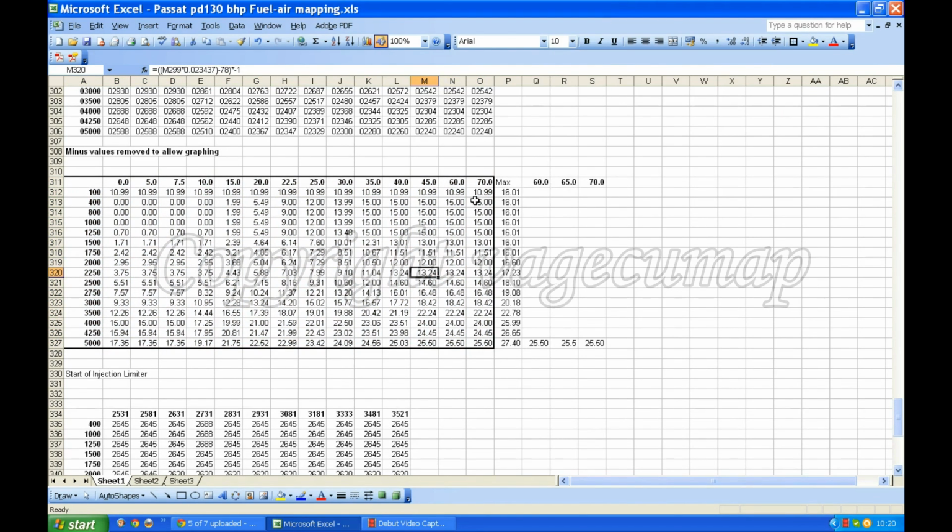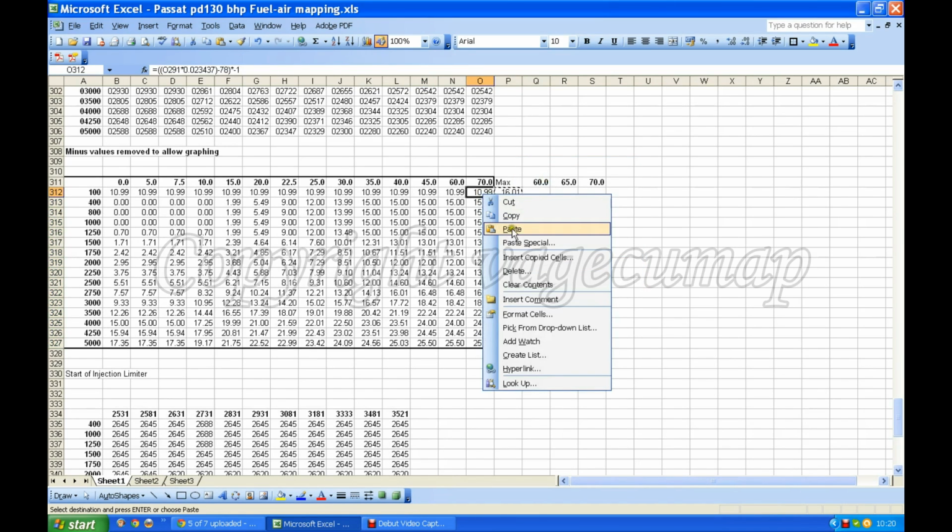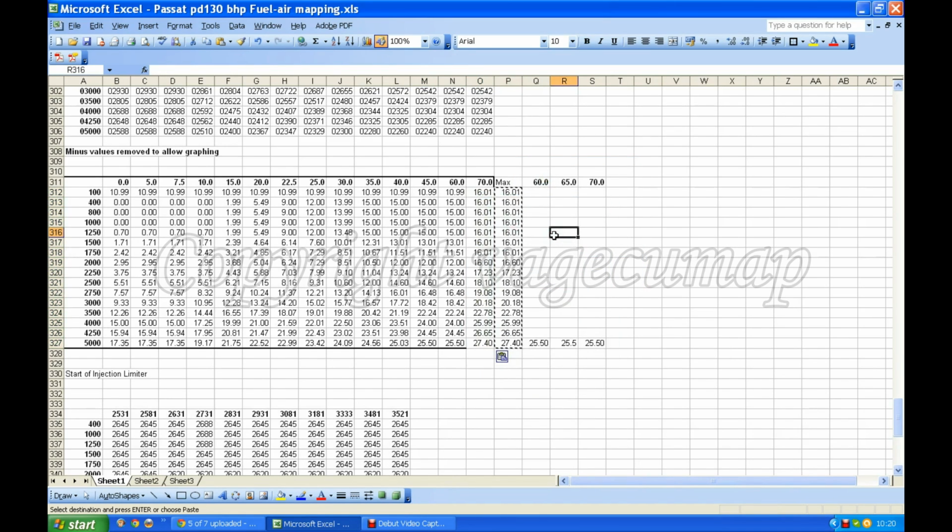So my original map only goes to there, and it did go 45, 50, 55, and I just changed those two, and that's all I've done. So having looked at what the maximums might be, I'm going to copy that and put it in there. So this would be my third try, if you like.